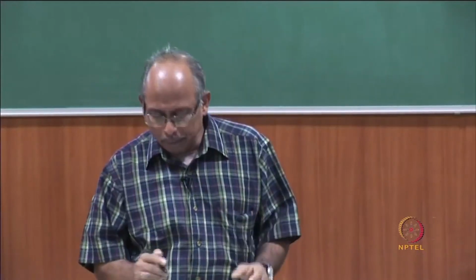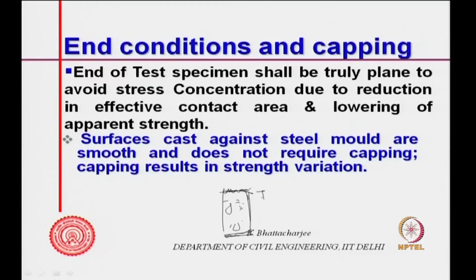This core sometimes may have rough surfaces, or the length may not be sufficient. You have to have a specified length depending upon the diameter d. So there is a minimum L by d which is 1, but supposing I have slightly less, then I might do some sort of capping here.